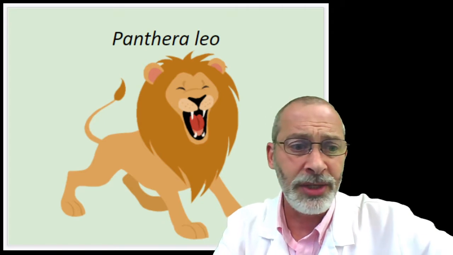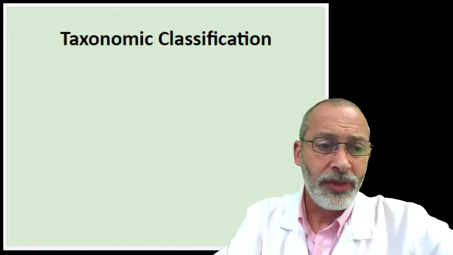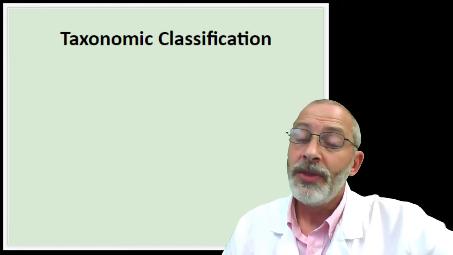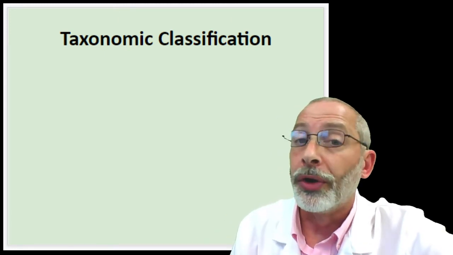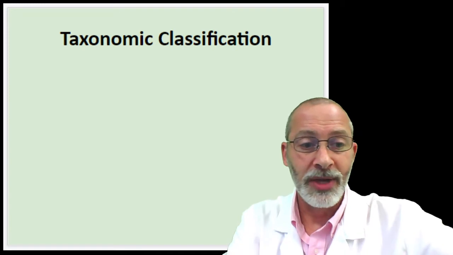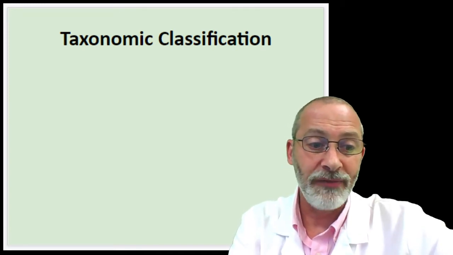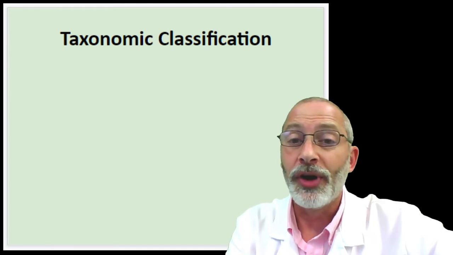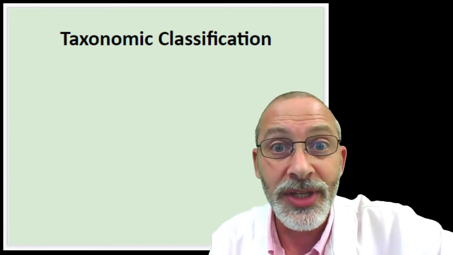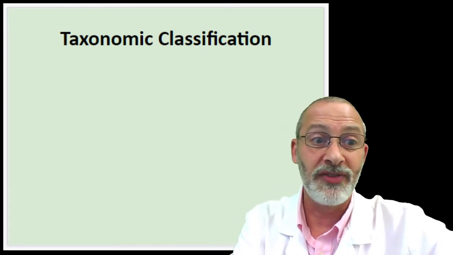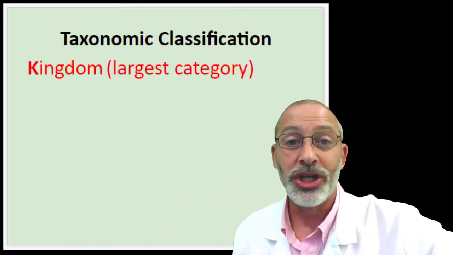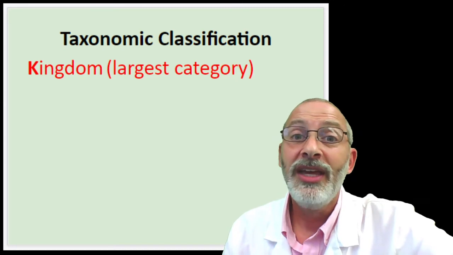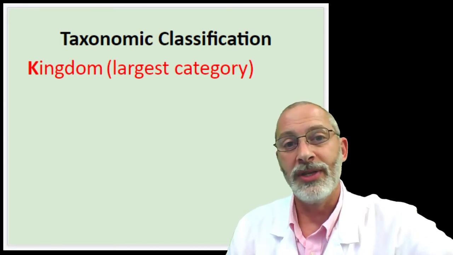Now, as we continue with the taxonomic classification system, there is a certain ordering that we must follow. I just gave you the genus and species there a moment ago. There are larger categories than just the genus and species. In fact, I gave you the largest category a few moments ago when we talked about the five kingdoms of organisms.